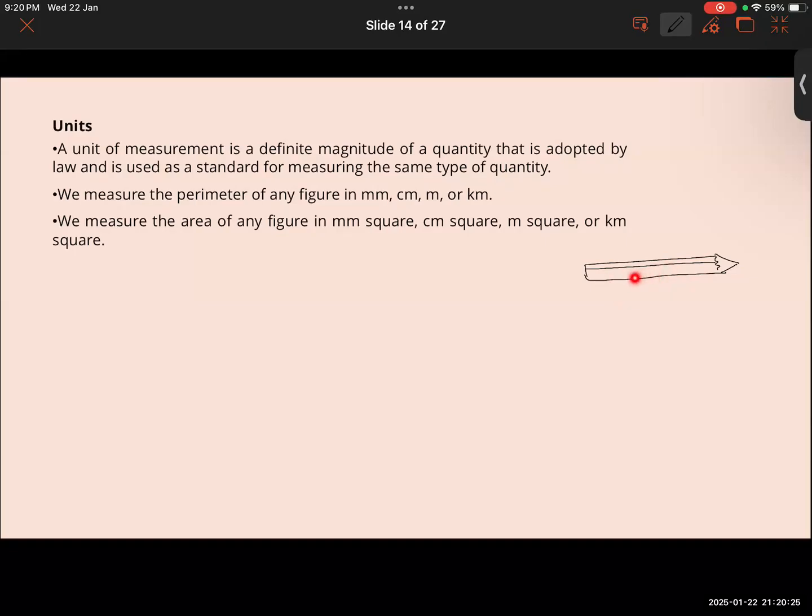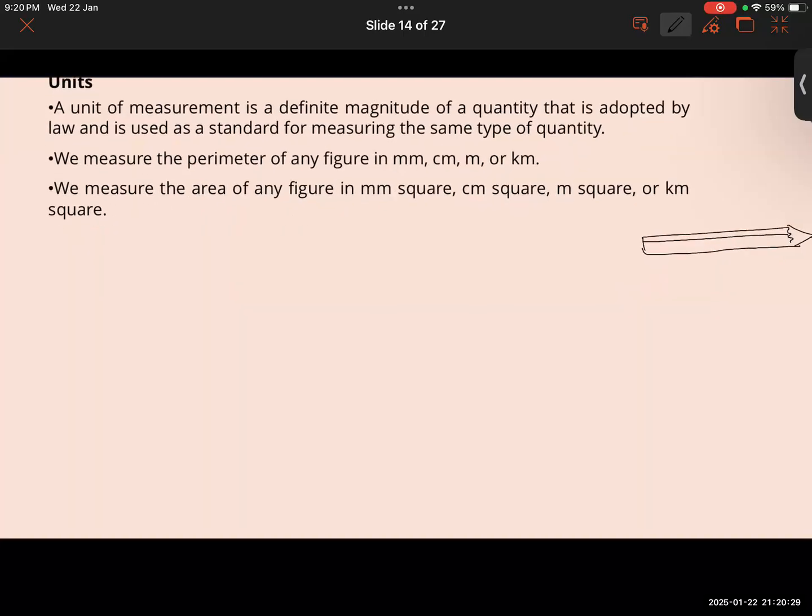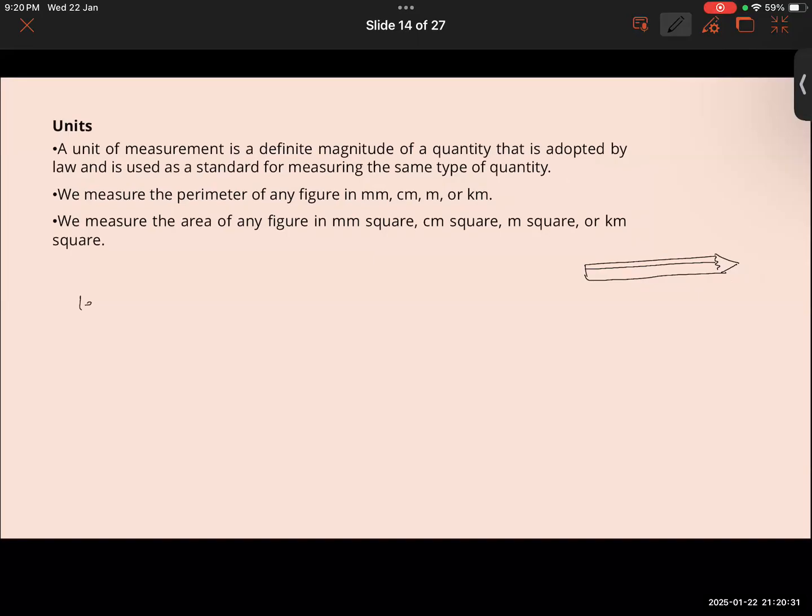So we have units for the length of anything: meter, centimeter, millimeter, kilometer, etc. Getting it now?